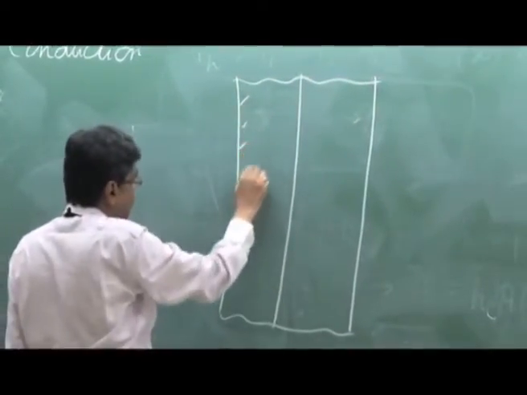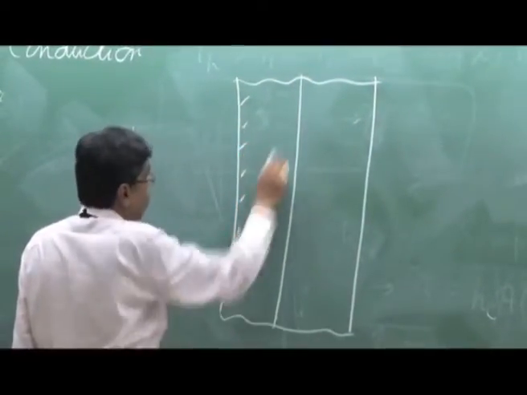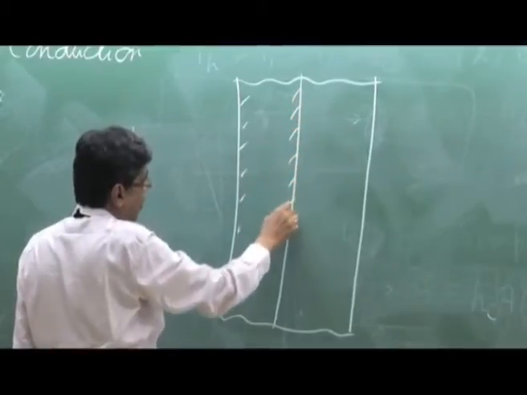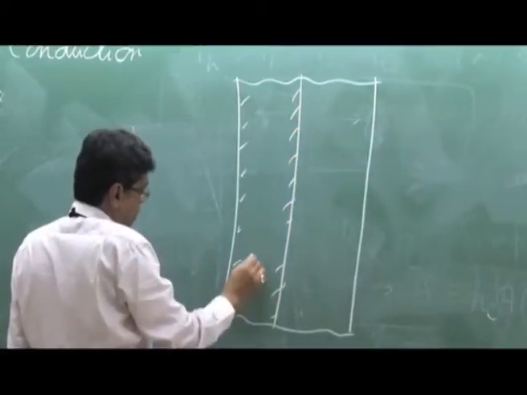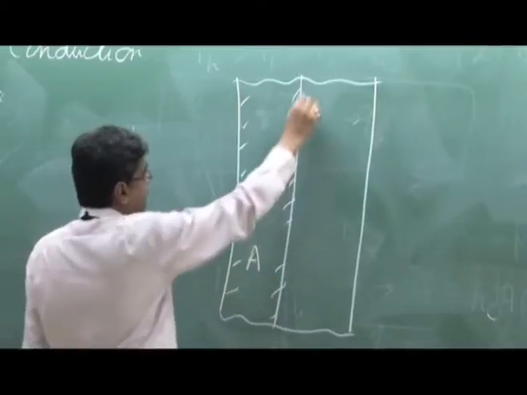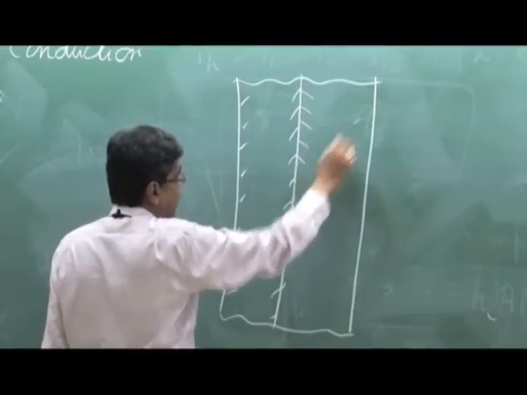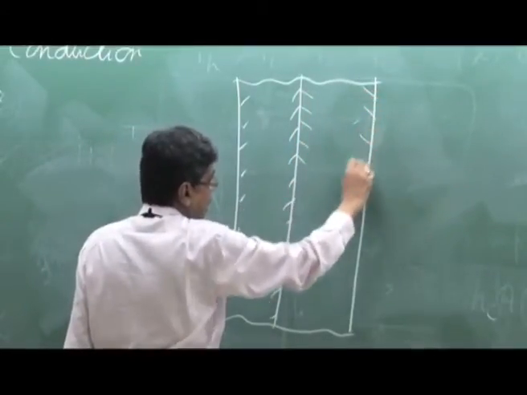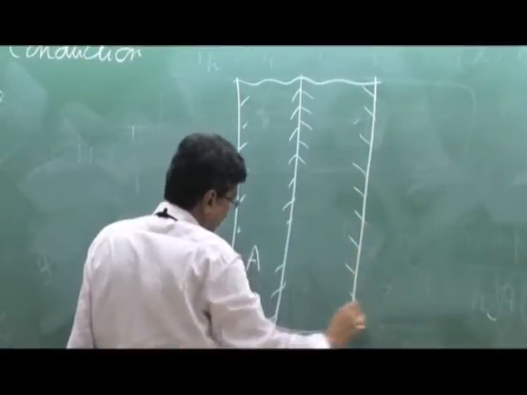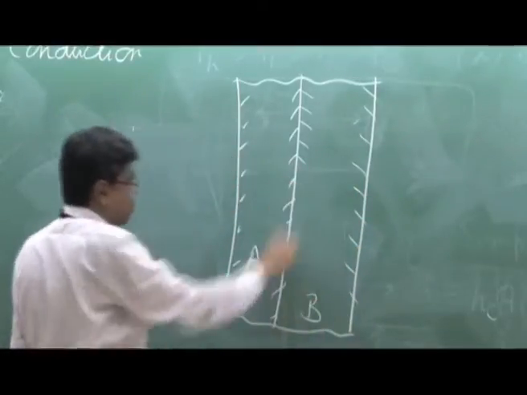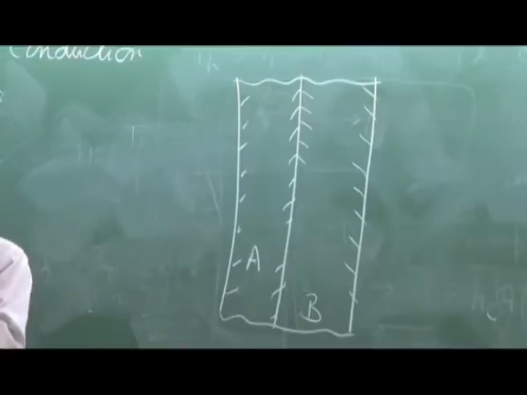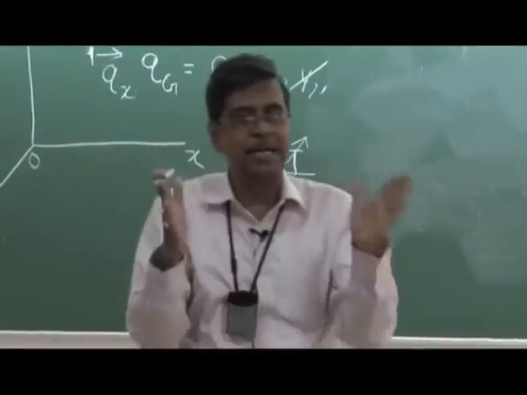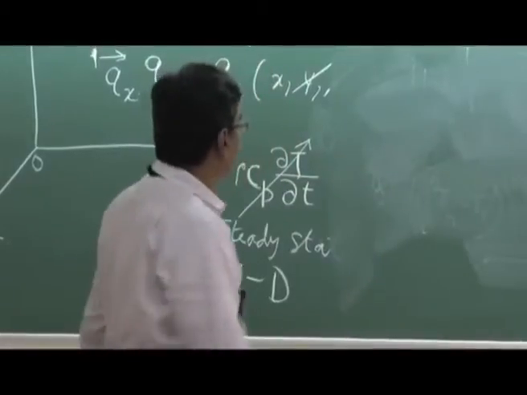This is one wall. Let us denote it by A, and this is another wall, denote it by B, and there is a perfect matching between these two walls. There is no gap. There is no contact resistance. There is perfect matching of these two walls.